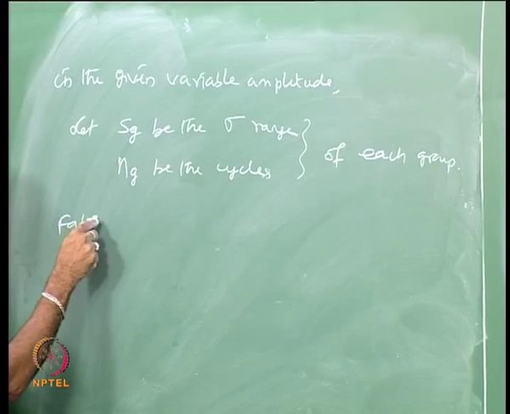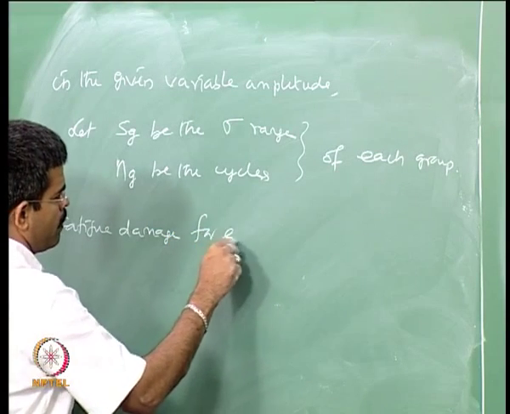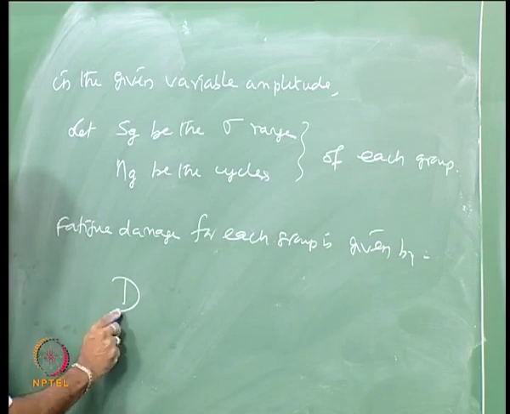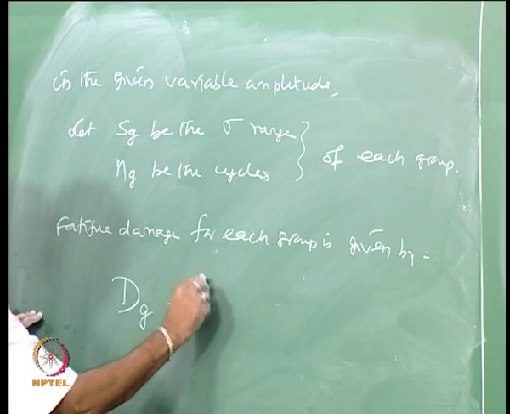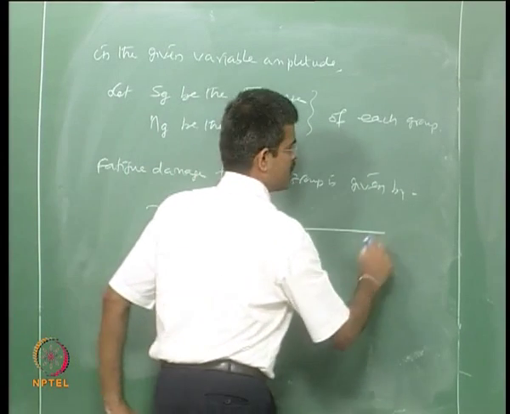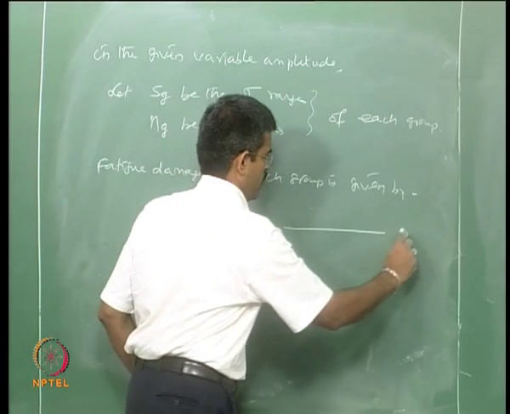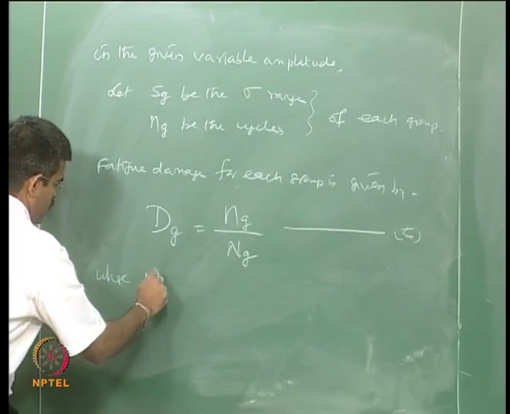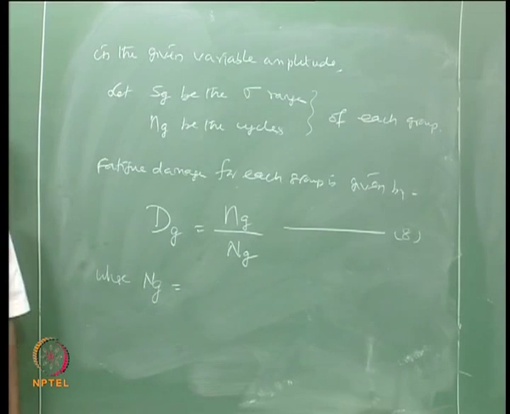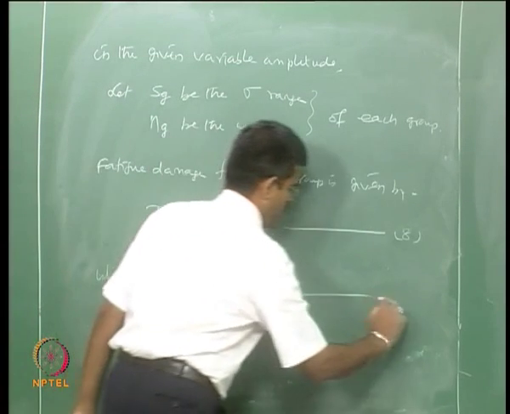Fatigue damage for each group is given by D of each group is simply ng by Ng, where Ng is A Sg^-m, and call this equation number 9.